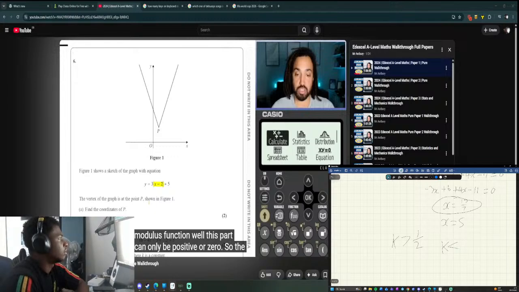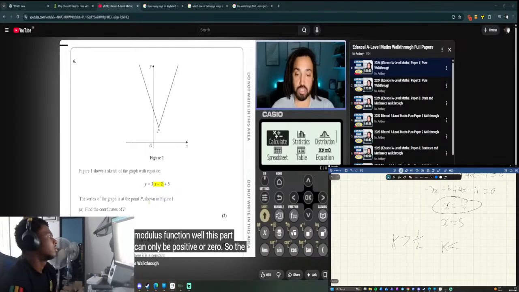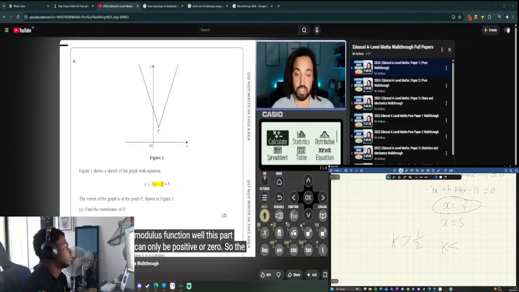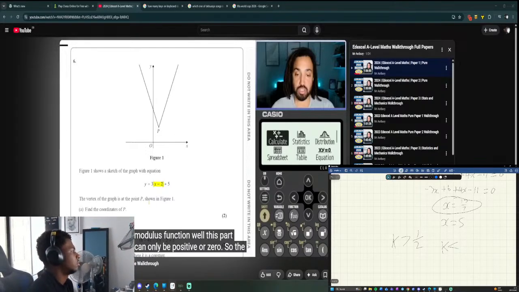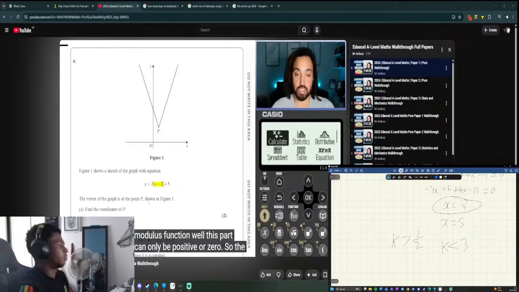Oh, so yeah, that should be parallel. So what's the gradient of that? It's just 3x minus 6. Yeah, so it's 3. So it's smaller than 3. Boom.